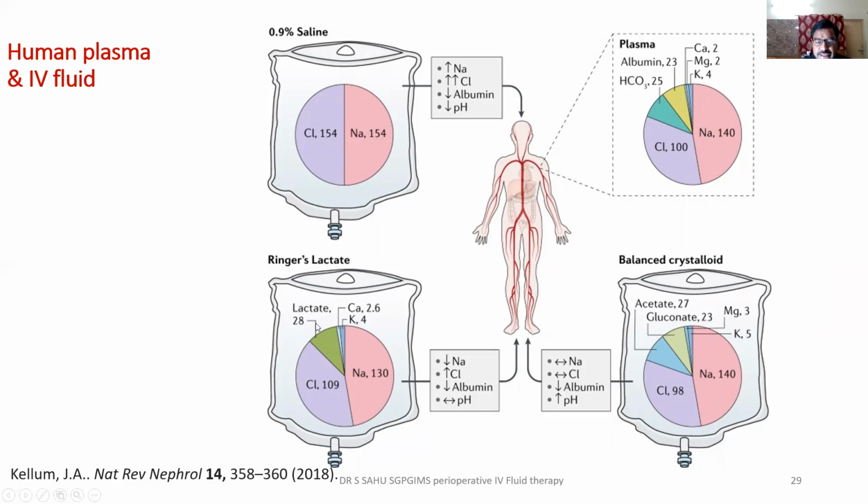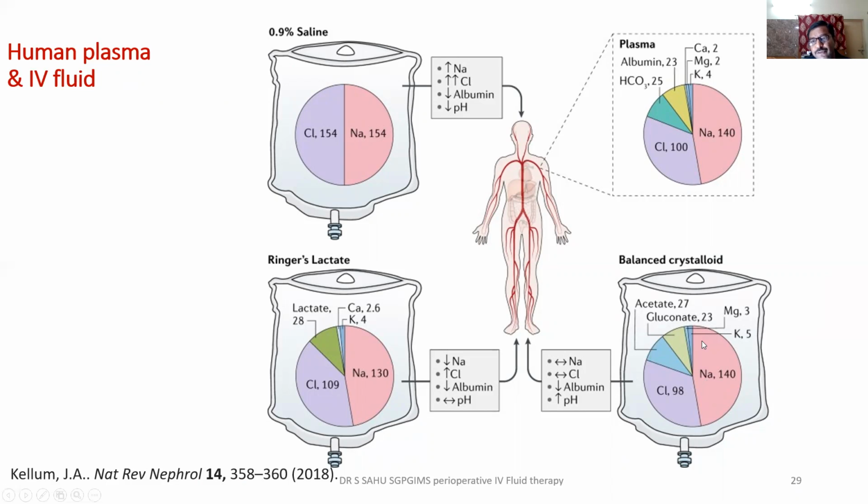Ringer lactate has lactate 28, and if you are using more than 1 liter of NS or ringer lactate in 24 hours, especially in shock patients, kidney dysfunction patients and ICU patients, they cannot metabolize all this, and we see excess sodium and chloride and acidosis there.